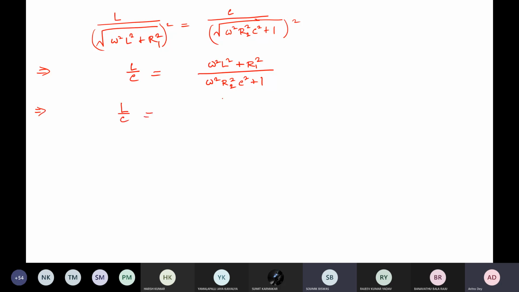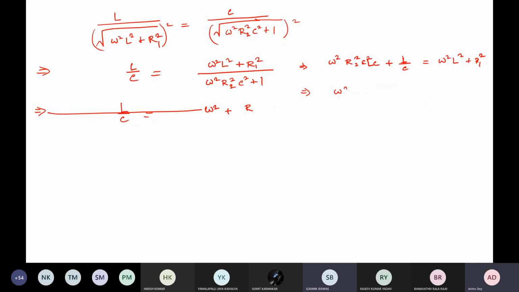So let us just, we have to cross multiply. Anyway, if you solve it, let us solve it and we'll get the expression for omega. So from here we can find it to be omega square R2 square C square, CL or LC, plus L by C is equal to omega square L square plus R1 square.